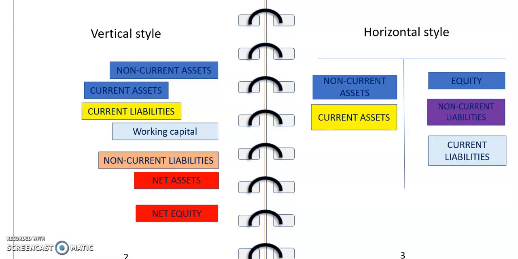Remember, your non-current liabilities will go to the right, along with your current liabilities, and your current assets will be on the left. In this method, you're using assets equal equity plus liabilities, whereas in the vertical style, you're using assets minus liabilities equal equity.